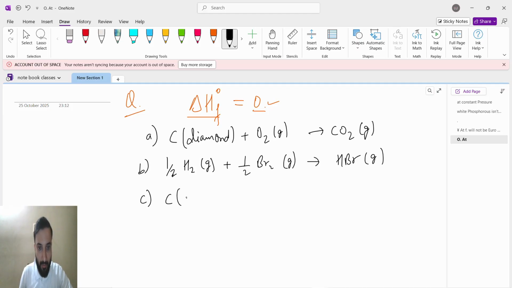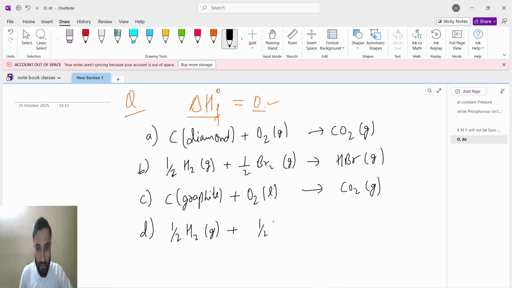Then next is carbon present in graphite form, reacts with oxygen present in liquid form. It will give carbon dioxide present in gas form. Then D is half H2 present in gas form plus half Br2 present in liquid form, gives HBr present in gas form.